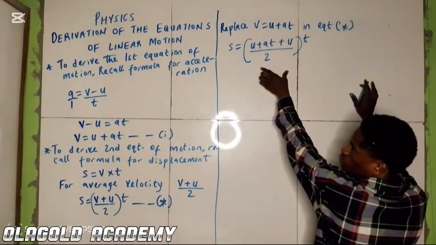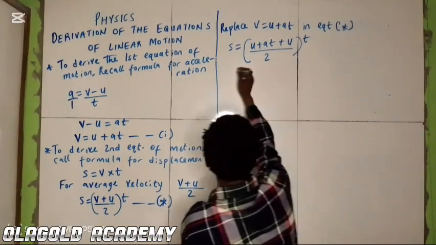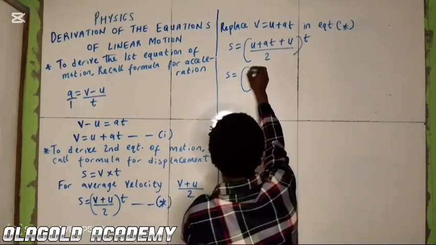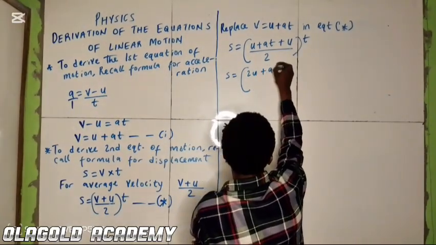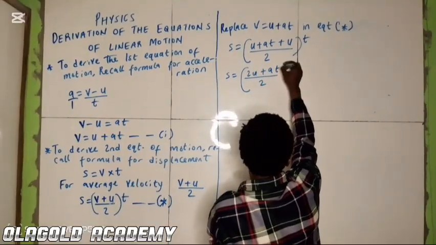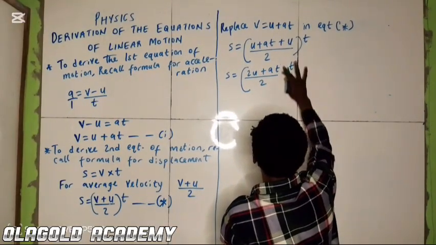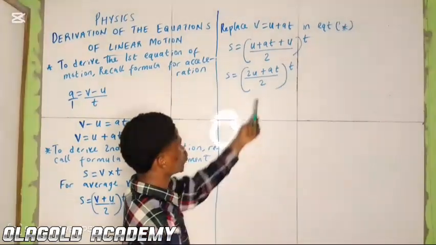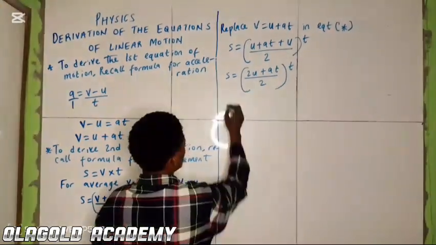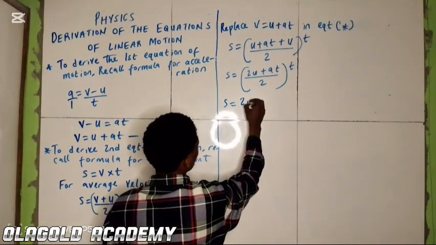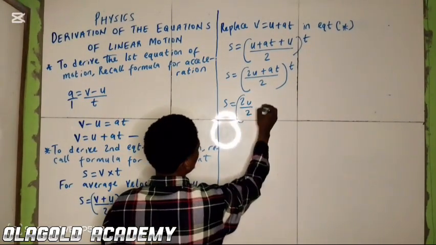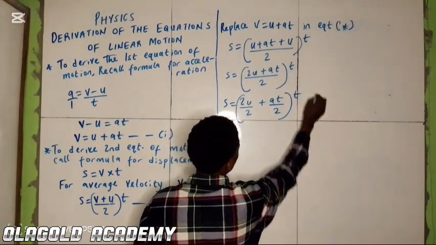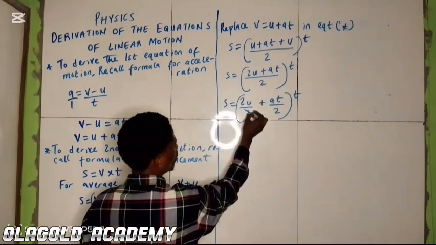So we have this. All right, the next thing, U plus U gives us what there? 2U plus AT over 2 multiplied by T. Now, the next thing to do, I can rewrite this as S equals 2U over 2 plus AT over 2 multiplied by T. What next? 2 cancels 2.